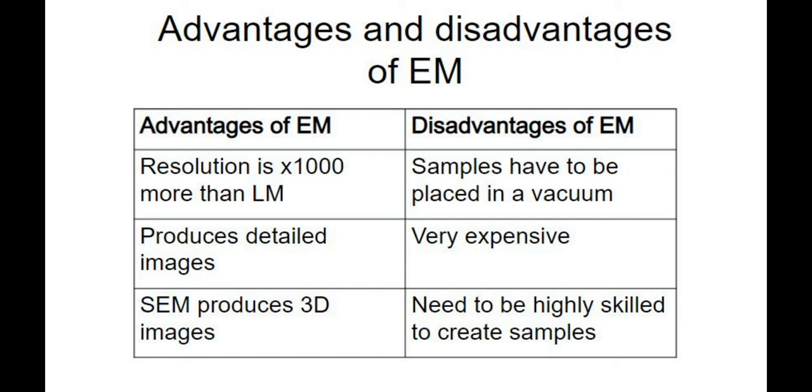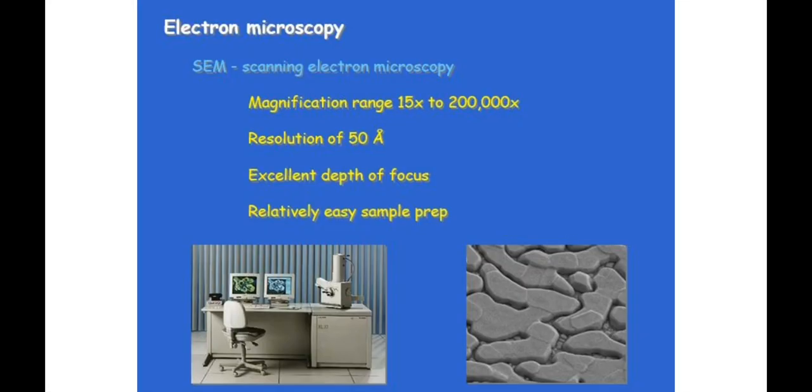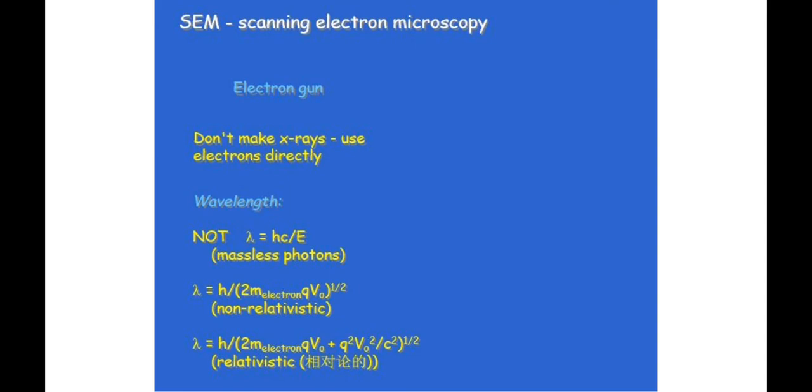The disadvantages: samples are not easy to prepare, and they have to be placed in vacuum. The electron microscope is a very expensive device, and to operate such an expensive and complicated machine you need highly skilled operators. Okay, I'm finishing the presentation.